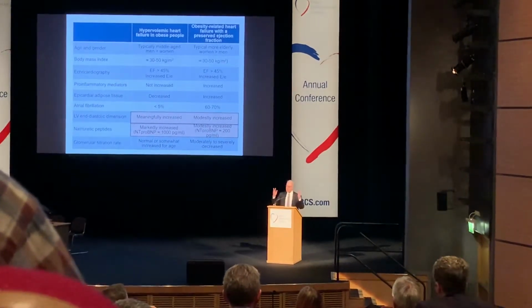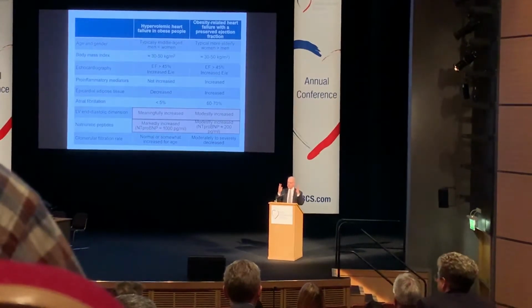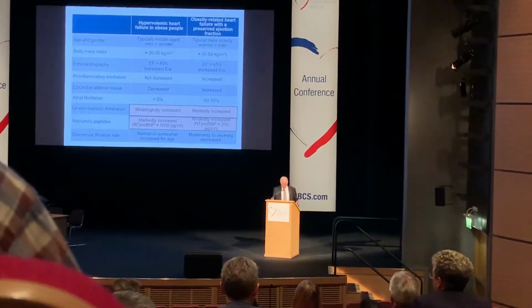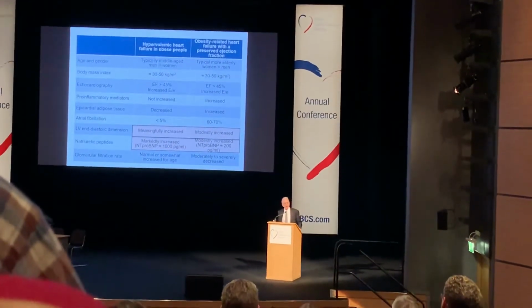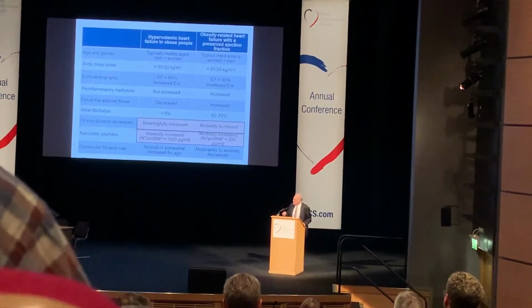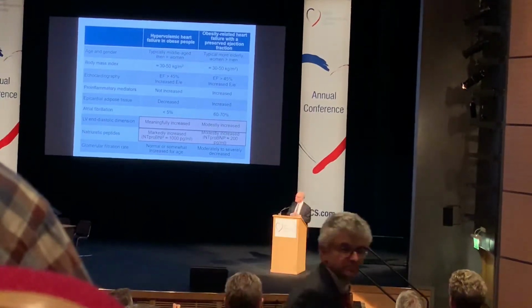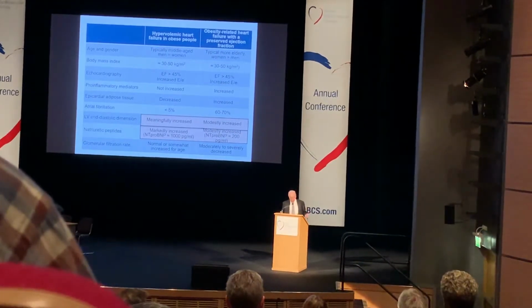On the right, the hearts are enlarged, but they're only modestly enlarged. And the natriuretic peptides are not markedly increased. Sometimes they're actually within the normal range, even though the patients have pulmonary wedge pressures and left ventricular end-diastolic pressures which are markedly increased.